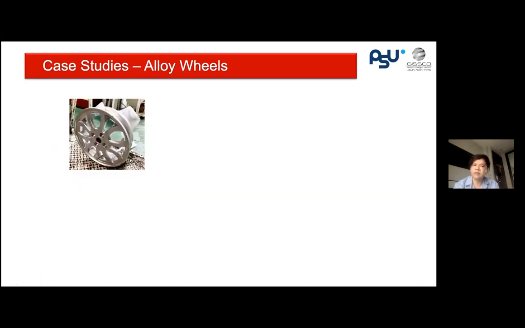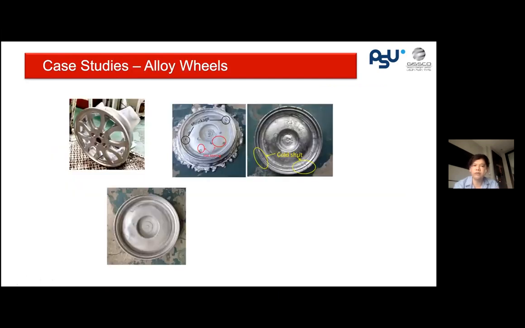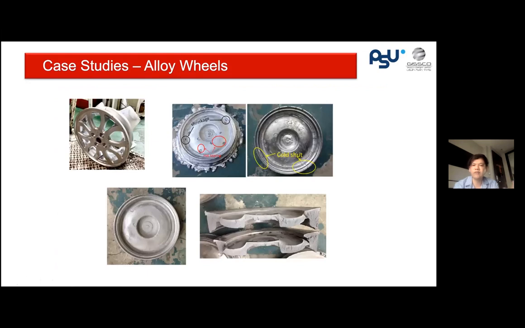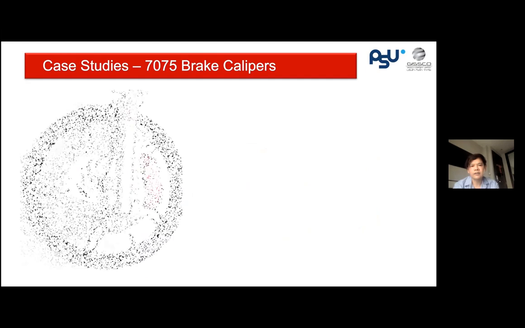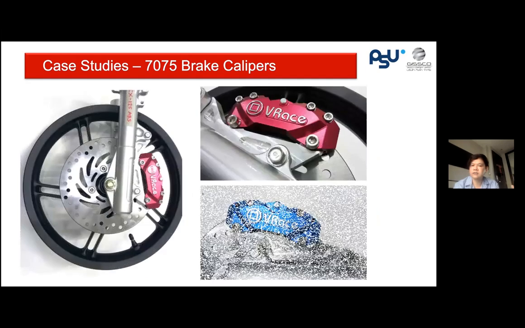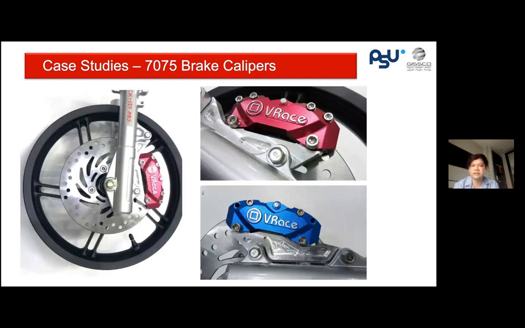We did some work initially with alloy wheels like this, and then we moved to brake calipers and tried the hardest and most difficult alloy, the 7000 series. And then this is the final part. It can be anodized.